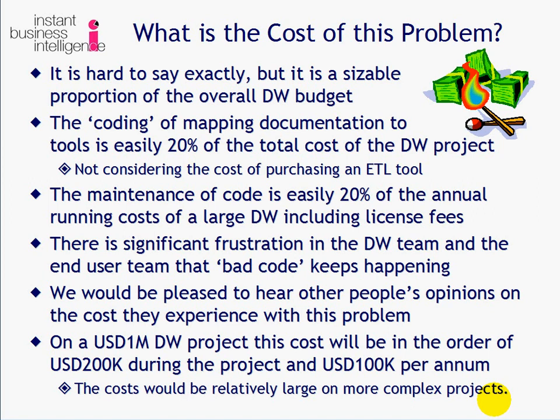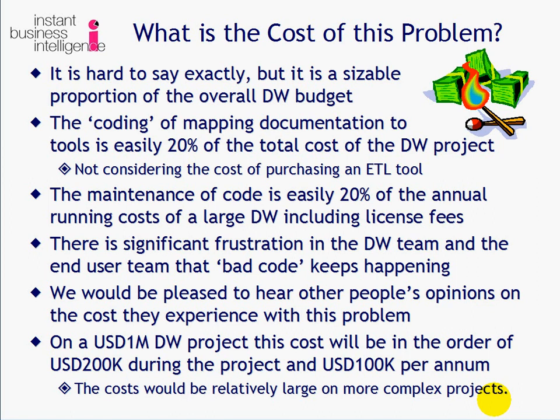So it's hard to say exactly what the cost of the code diverging from documentation problem is, but it could well be that coding of the mapping documentation is easily 20% of the total cost of the project, just getting started, not worrying about the maintenance. The maintenance of code is easily 20% of the annual running cost of a large warehouse, although experience has shown that it can be significantly higher as well.